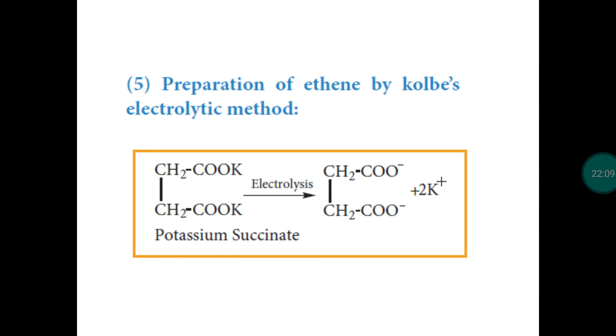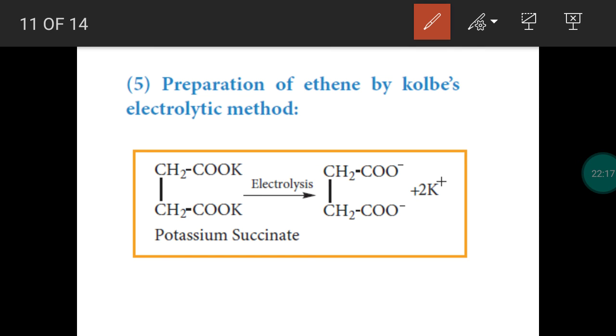Next, Kolbe's electrolysis process. This method we already studied. It can be utilized for preparing alkanes also. For preparing alkanes, we took a monocarboxylic acid, isn't it? Sodium acetate was taken, two molecules of sodium acetate. But for preparing alkenes, we take the salt of a dicarboxylic acid.